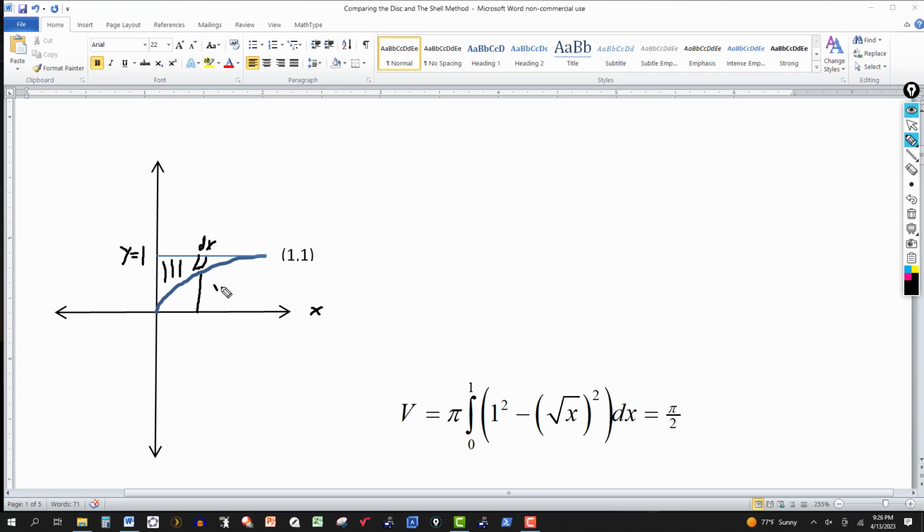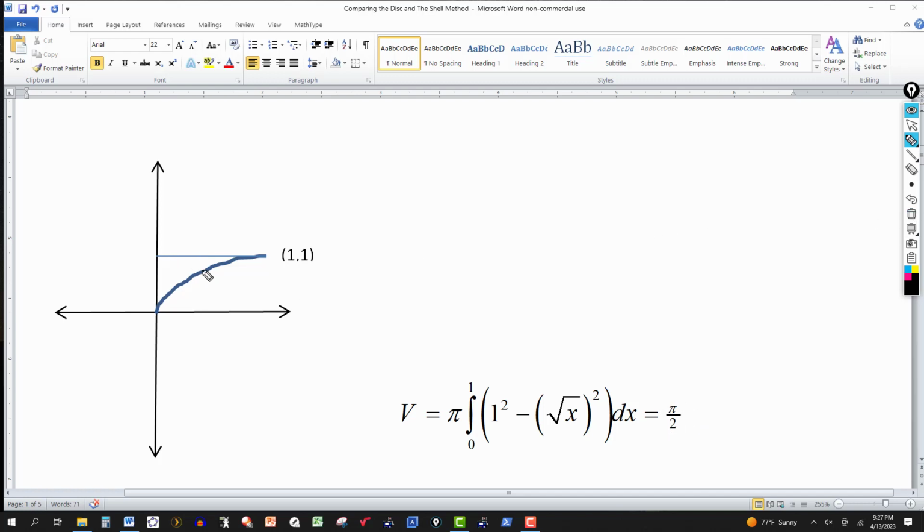Since the curve has equation square root of x, that's the inner radius, and we square it. I did this in the last video. It gives me 1 minus x, and then I integrate and apply the limits from 0 to 1, and I get the answer of pi over 2 as the volume.